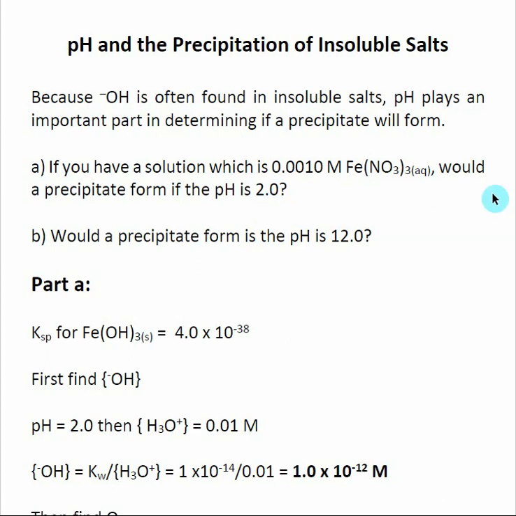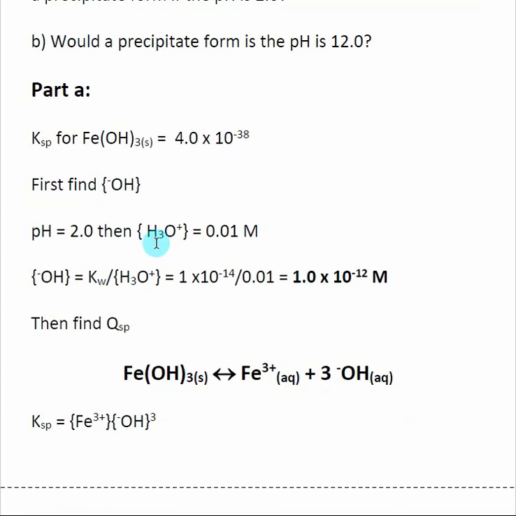So for this first part, we've seen this when we were talking about acids. We have a pH. What I want to find is the concentration of OH minus. From pH, I can get the concentration of hydronium pretty easily, which is 0.01 molar. Once I have the concentration of hydronium, I then can use the Kw expression to find the concentration of hydroxide.